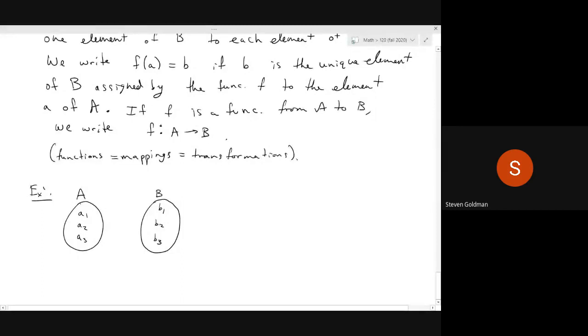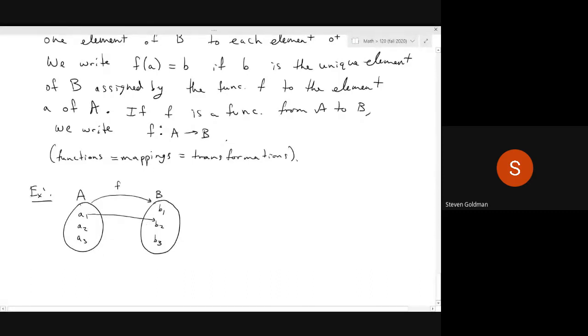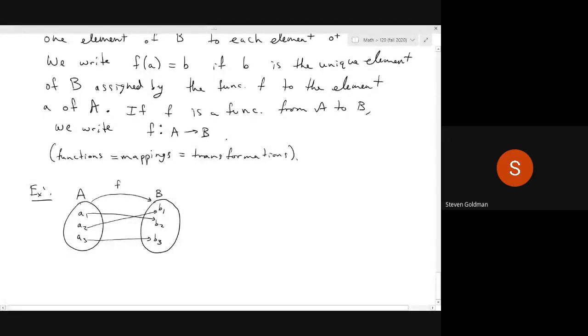My function f is a function from the set A to the set B, so I have to assign elements from B to elements in A. Let's say A1 is assigned B2. I'll show the assignment by drawing an arrow. Let's say A2 is assigned B1 and A3 is assigned B3.